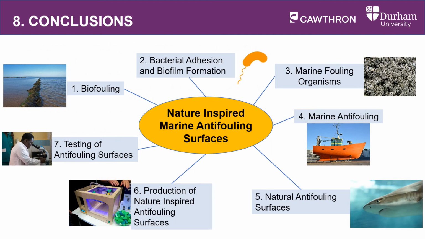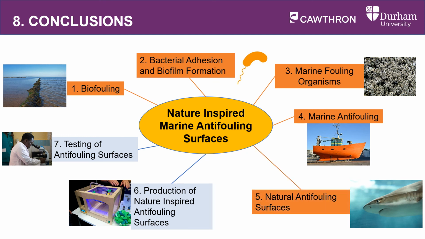This video has highlighted the problems that biofouling creates for a number of different industries. It has discussed the processes by which biofouling occurs, including biofilm formation and also some common marine micro and macro fouling organisms. Natural surfaces such as salvinia leaves and shark skin have inspired the production of anti-fouling materials.